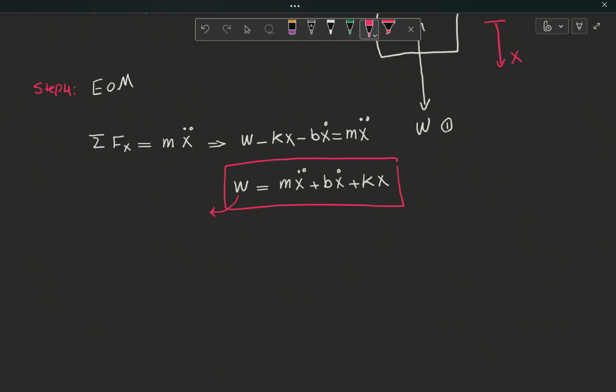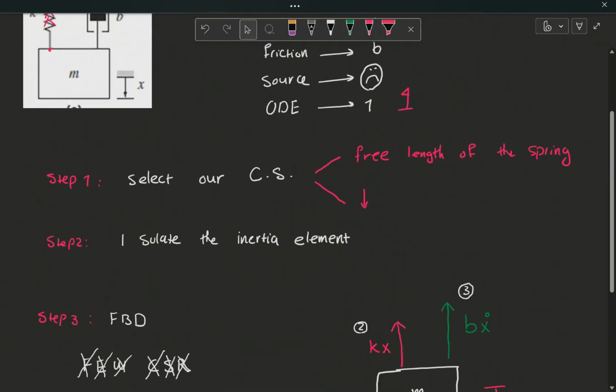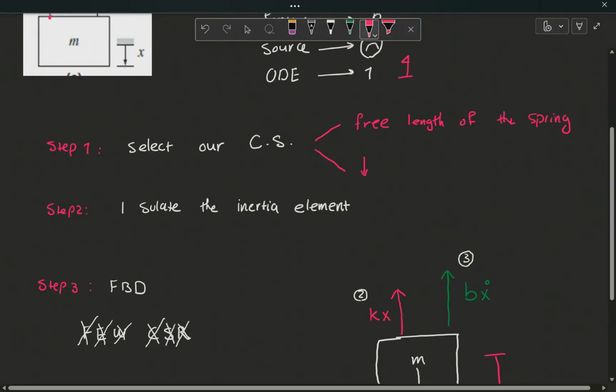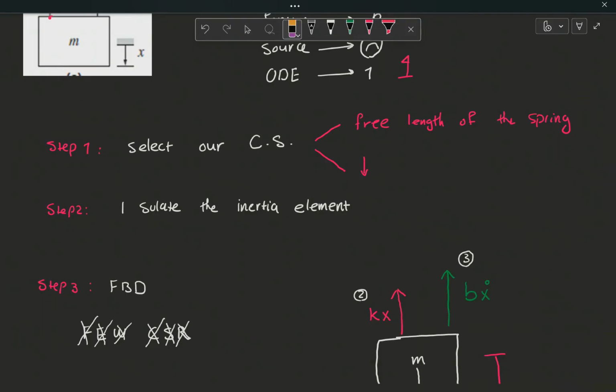Okay? And actually, there is a nice way to get rid of W. How? Note that in this model, we started the origin here, okay, from the free length of the spring.